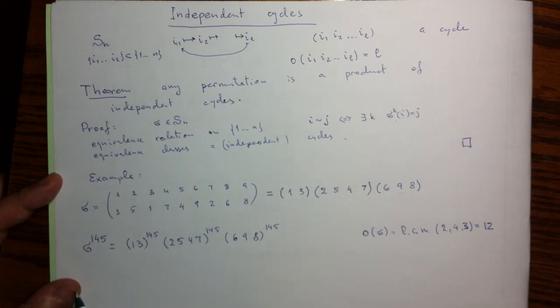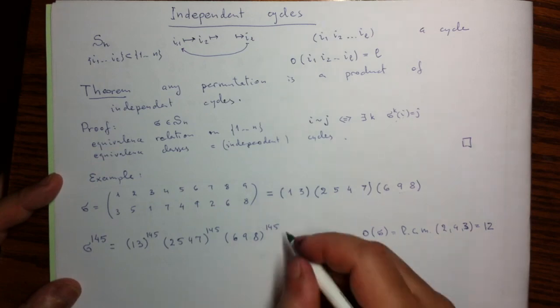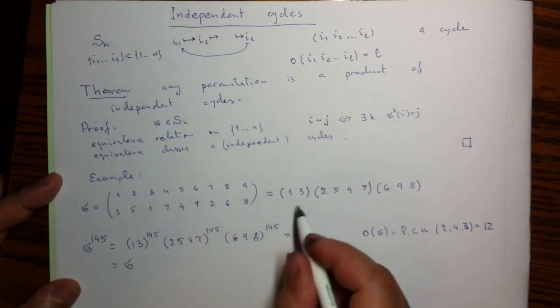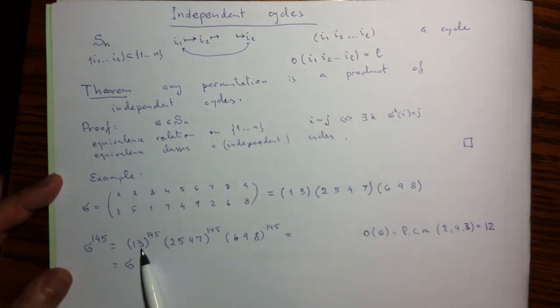And so 144 is 12 times 12. So after you do 12 times, you don't care, because any multiple of 12 will still be giving us the identity. So that can be seen to be equal to the original sigma. That iterate, you can argue separately in each of these independent cycle channels.